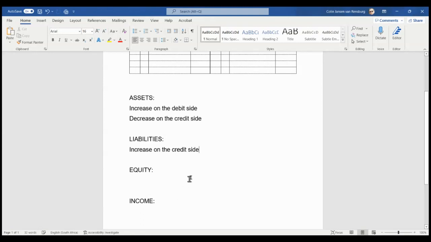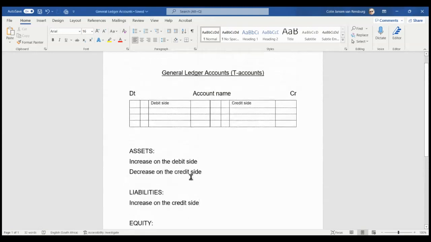When will that happen? I think the example that came from your side, students, last Monday, when we discussed this, was a long-term loan. So if you take out a long-term loan, it means you now owe more money to that financing institution, right? So you owe them money. It means you have to go and increase the balance on that account. A liability account has a credit balance, so to increase that, you have to credit that specific account.